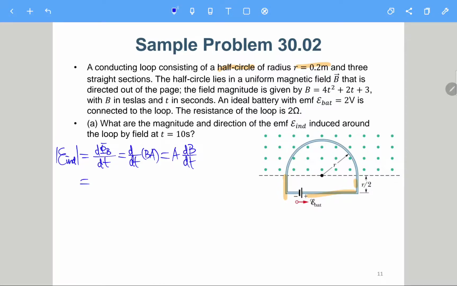So A is a half circle. So 1/2 pi r squared, and then d/dt of B, and B is 4t squared plus 2t plus 3.